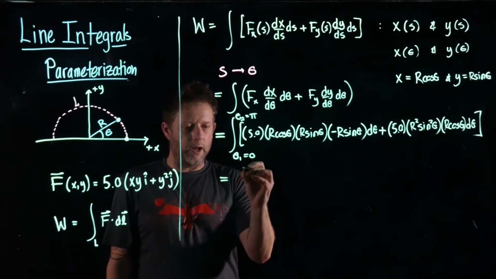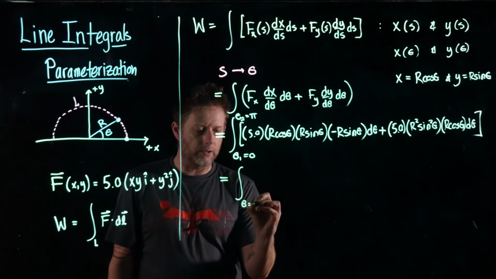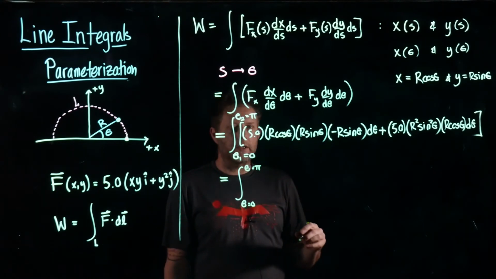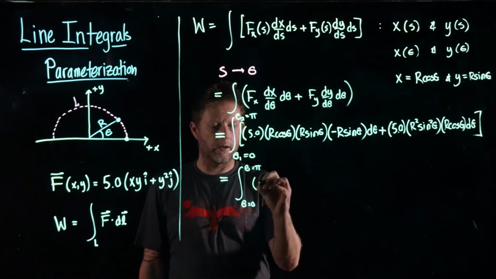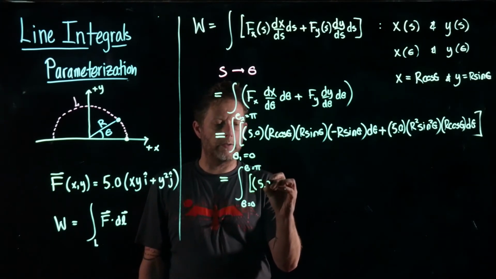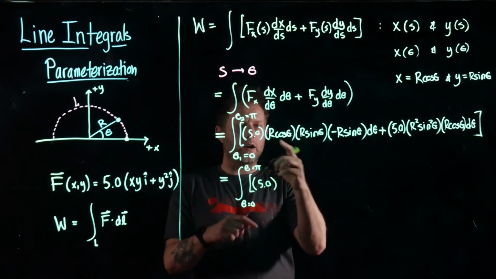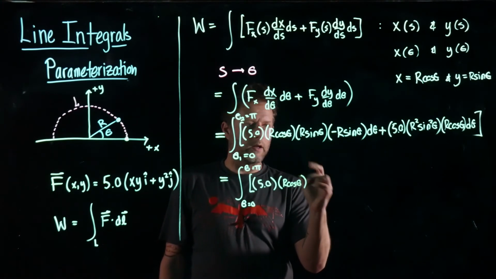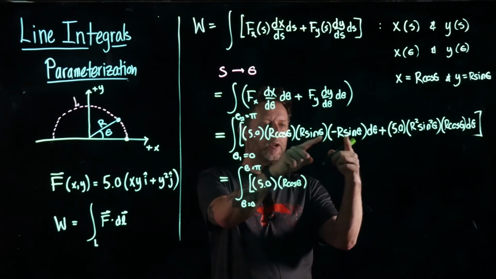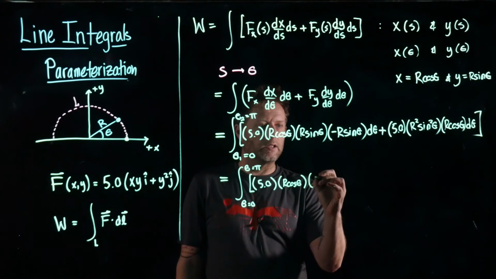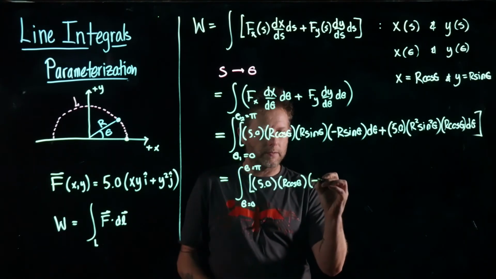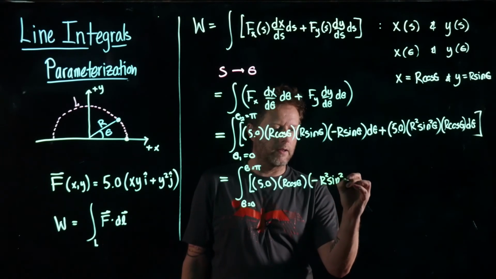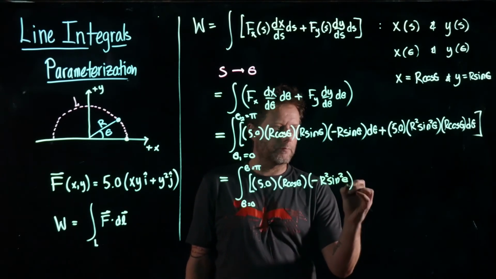So let's try and write this out. This is theta equals 0, theta equals pi. And then we have 5 times r cosine theta, and then r sine theta multiplied by negative r sine theta. So that's negative r squared sine theta squared.